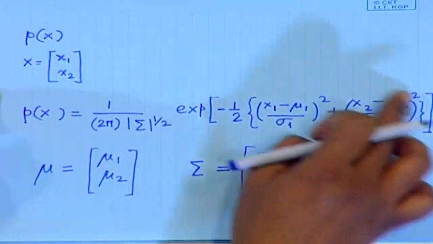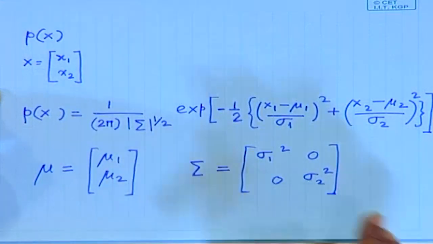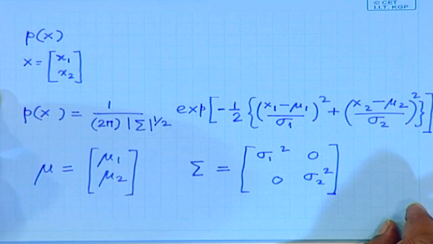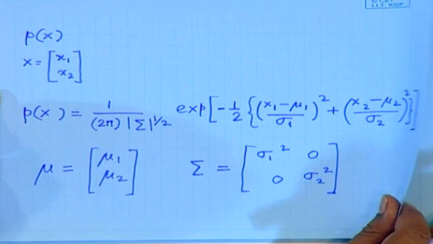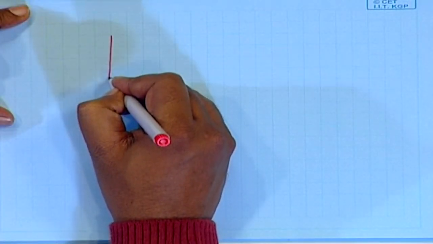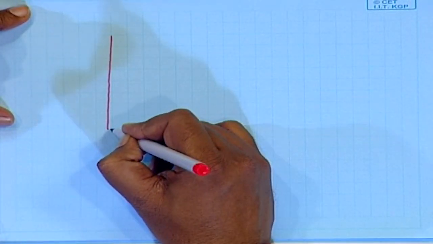So what is the physical interpretation of this particular bivariate normal density function? Let us draw this three-dimensional space, because x1, x2 are two axes of the sample points and the density function p(x) is the third dimension.